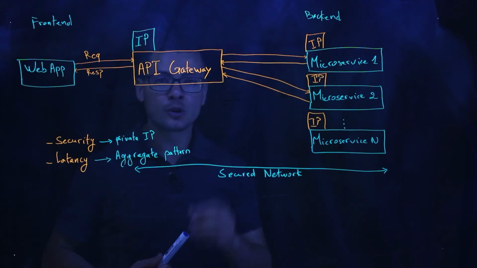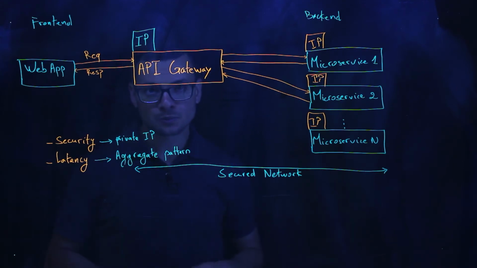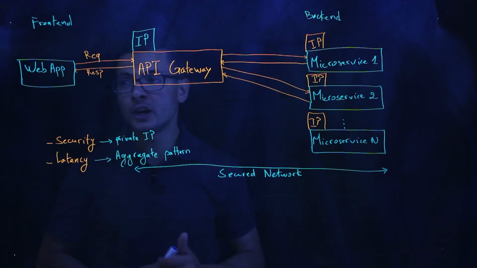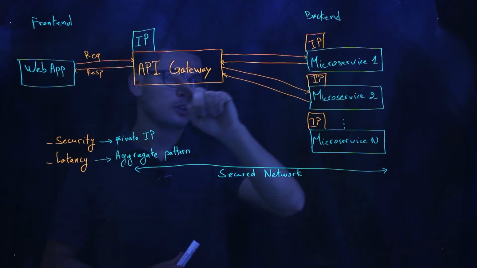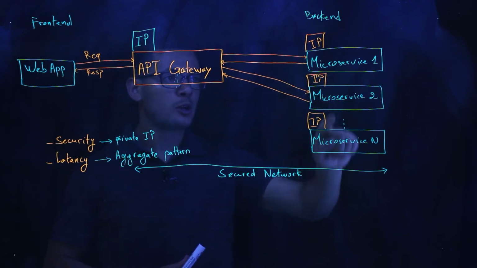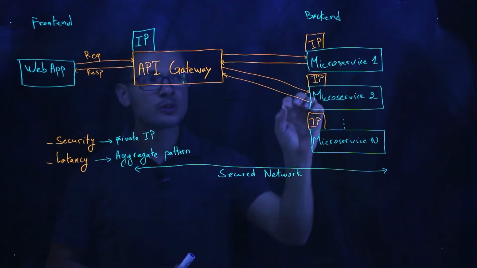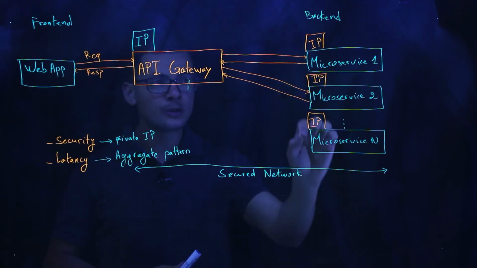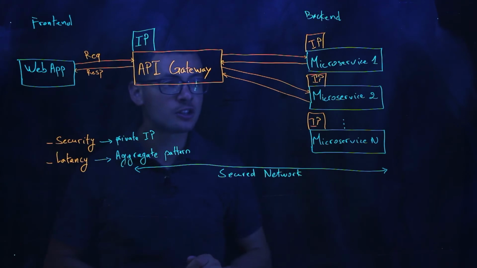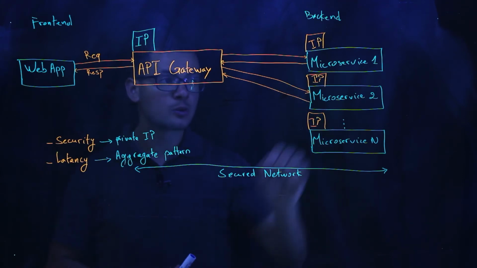First of all, we have the authentication and authorization. Before having the API gateway, if the web app wants to connect to any of those microservices, the microservice should implement the authentication and authorization in each one of those microservices.